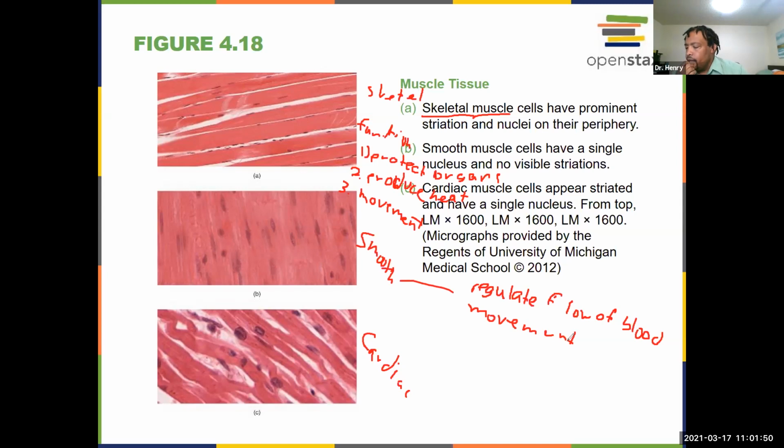Okay. What else? Do you guys think about breathing? It maintains pressure. Maintains pressure. Okay.